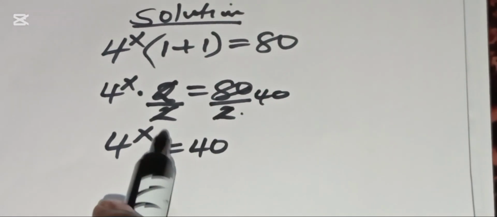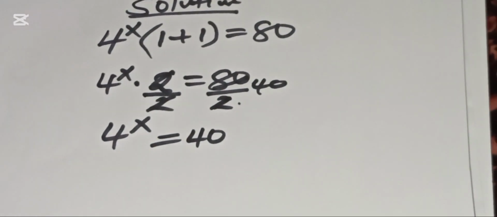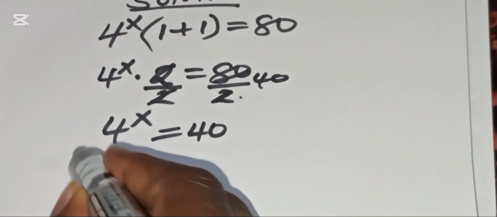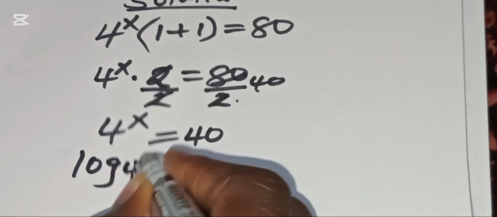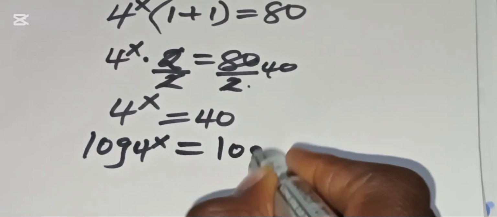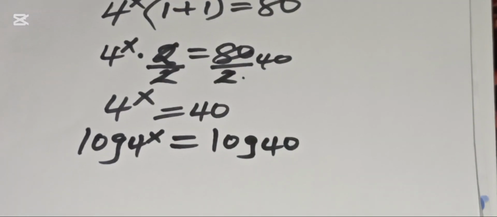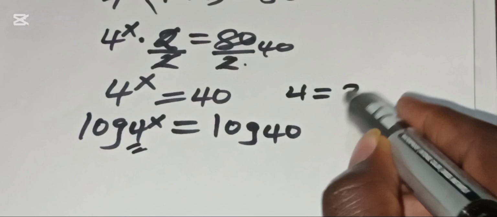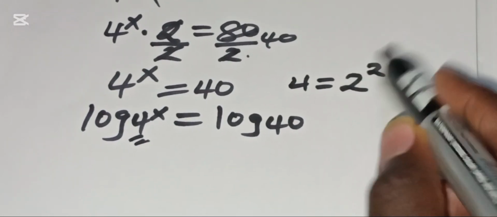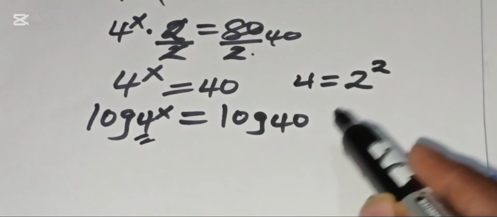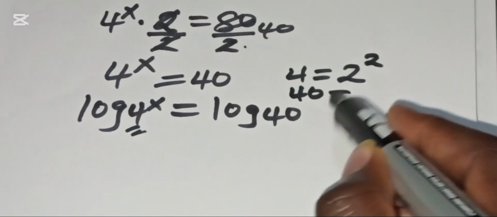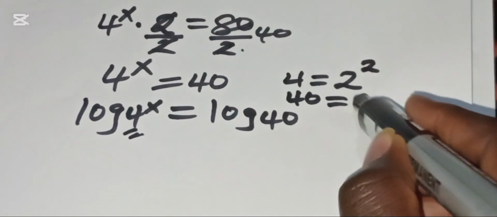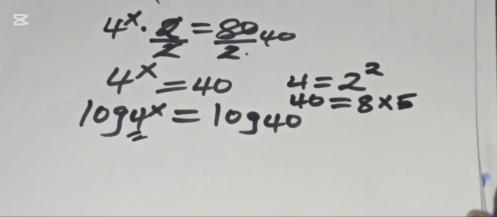Now from here, to solve for the value of x, we introduce the natural logarithm as follows. We have log 4 raised to power x. This is equal to log 40. Now again from here, you find that this 4 can be expressed as 2 raised to power 2. 2 squared is the same as 4. And this 40 can be expressed as 8 multiplying by 5.